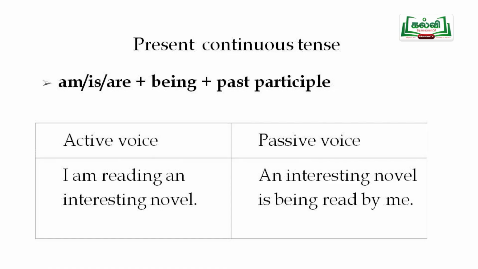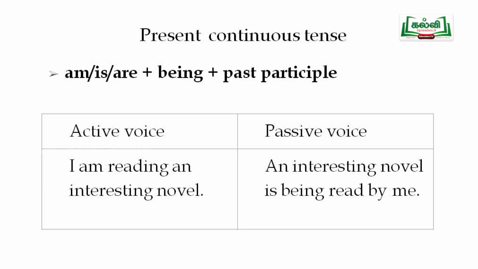Look at the example here. I am reading an interesting novel. So here the subject is I, am reading is the continuous form of the verb, and the object is an interesting novel. Again, when you change this into passive voice, an interesting novel should come first.